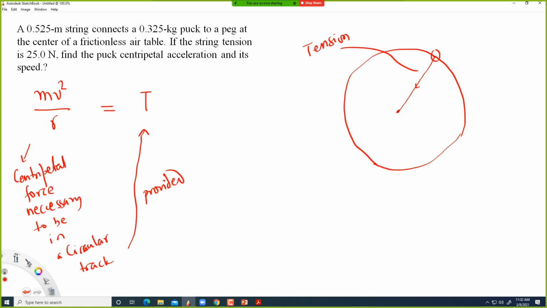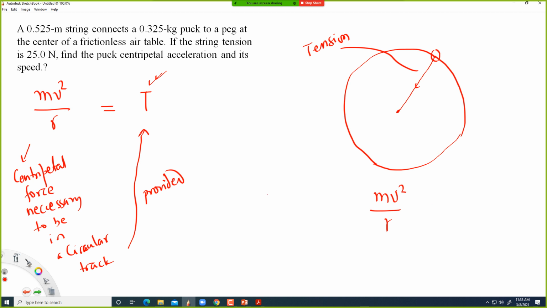So all we need to do in this context is to figure out what the centripetal force is. In this case, tension. In the previous one, this centripetal force was provided by static friction. Okay? That's in the previous problem. And in the next problem, we'll see that it will be provided by a different kind of force. So it just depends on the context, what context you're talking about.